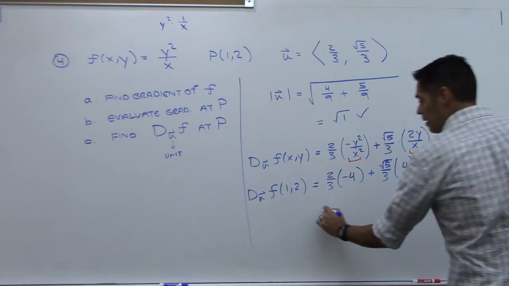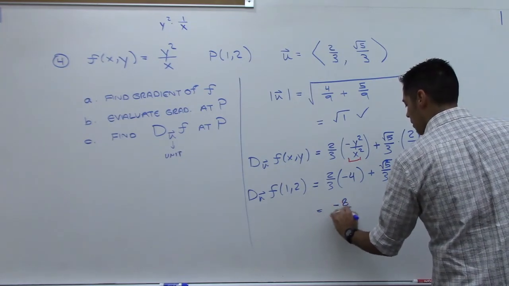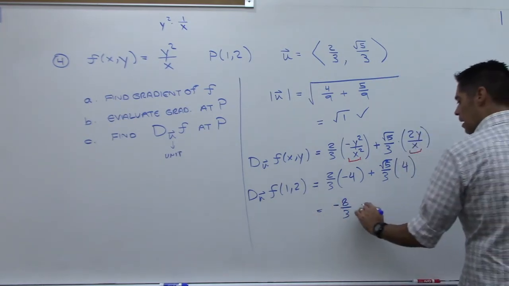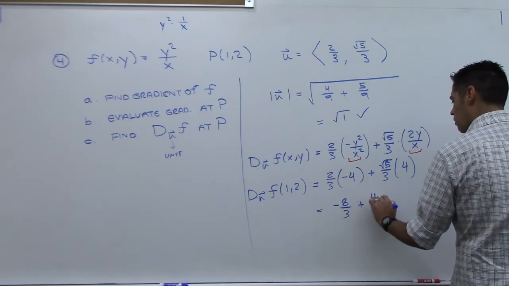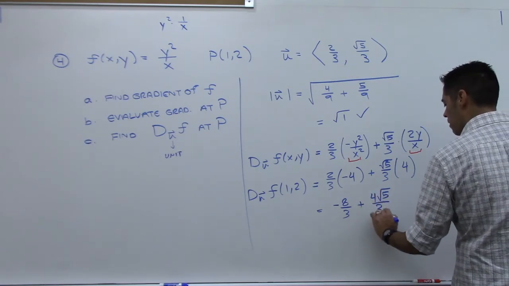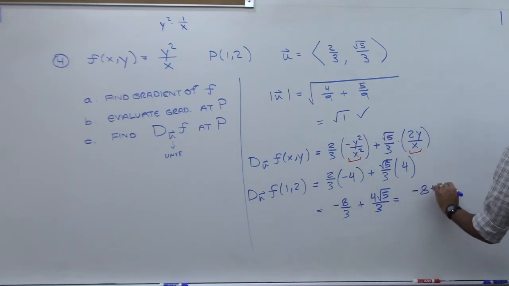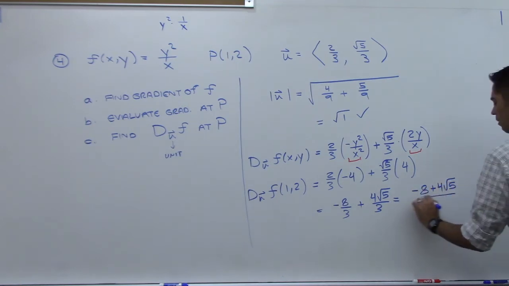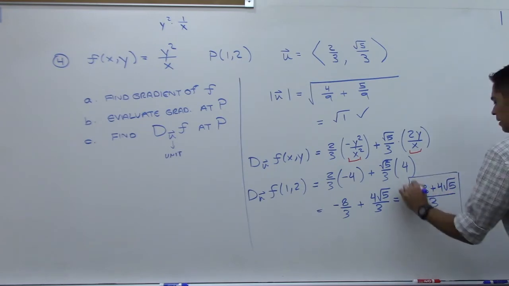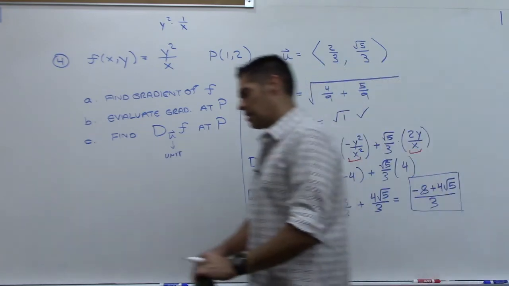So we get negative 8/3 plus 4 root 5 over 3. So negative 8 plus 4 root 5, all of it over 3. And then, of course, that you could get some decimal answer for that.